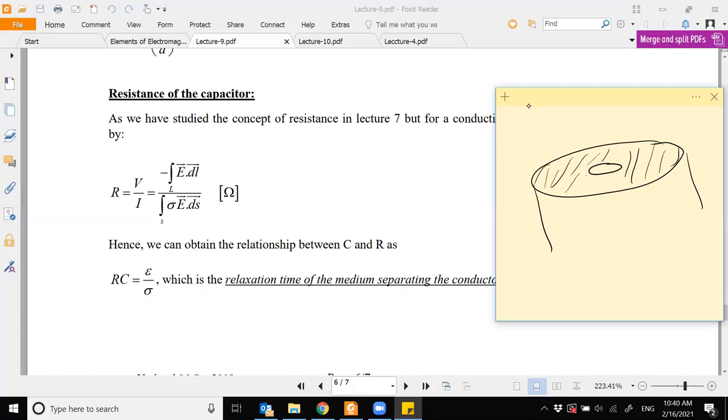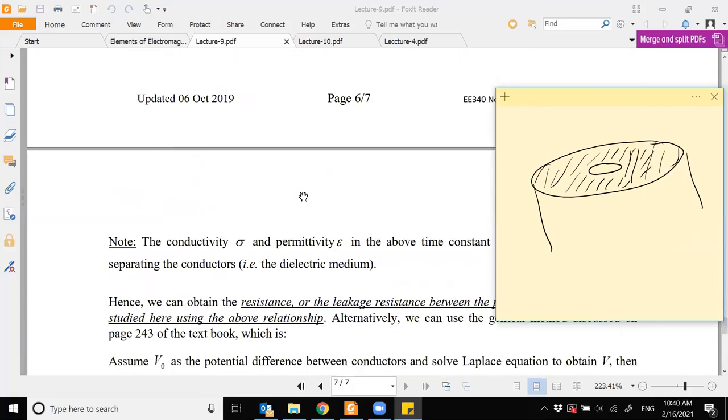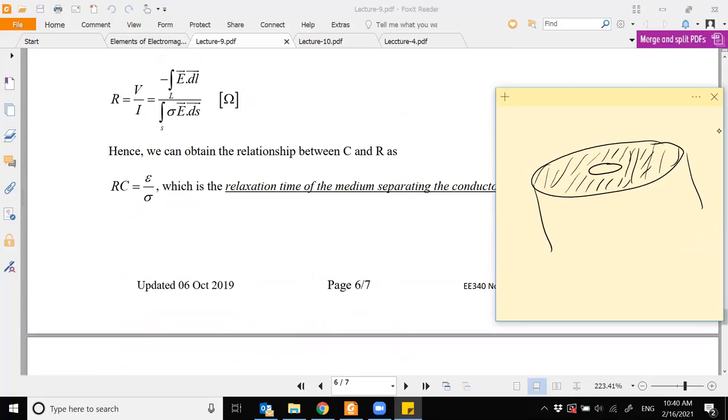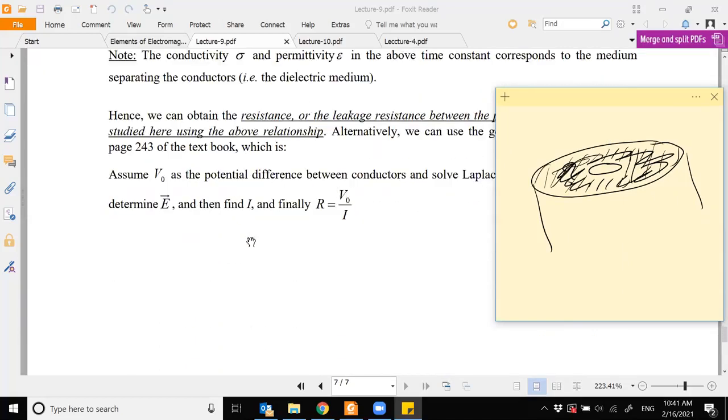Please don't confuse this with lecture 7, because in lecture 7 we also used the relaxation time, but that was for the conductor. Here it is for this dielectric medium. So this is what I am mentioning here. So what is this resistance here?